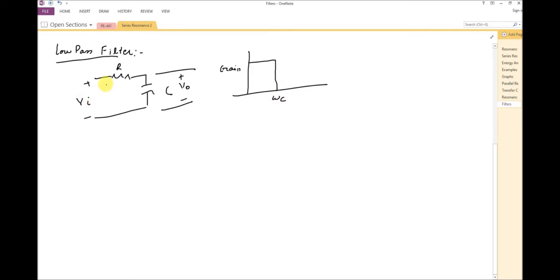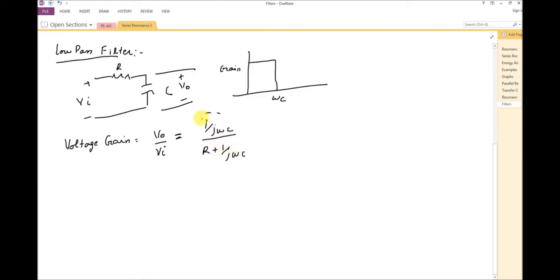So the circuit consists of a series combination of resistor and capacitor. There is an input voltage Vi and we are getting the output voltage across the capacitor. Now if I have to find the voltage gain, that will be V0 over Vi. So the voltage gain would be (1 over j omega C) over (R plus 1 over j omega C).